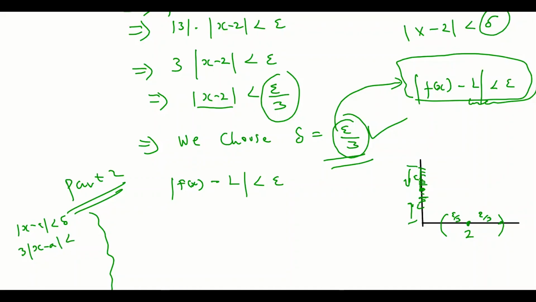So it will be less than 3 delta. So that is the implication. So don't forget that this 3 times absolute value of x minus a is what I have here. It is this one, right?